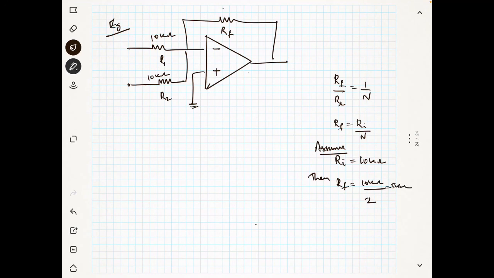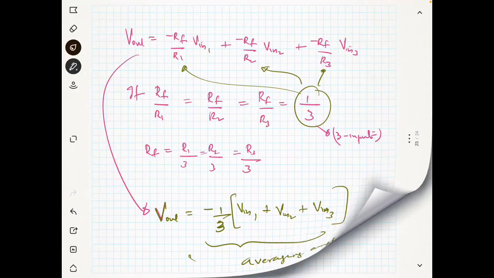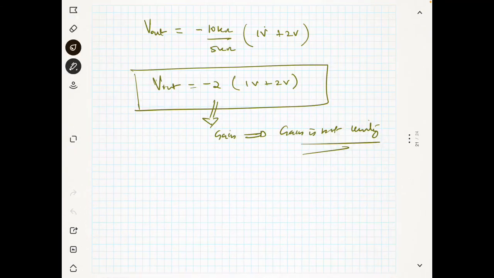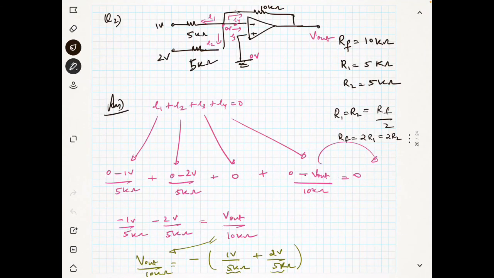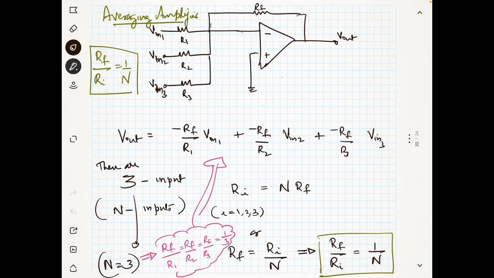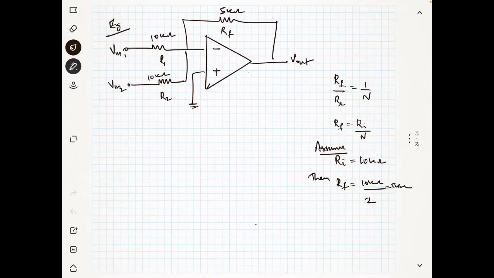I will choose this as 5 kilo ohm. So this is V in 1, this is V in 2, and this is my V out. You can compare with the previous problem that I solved, where I chose 5 and 5, and this is 10. Now I am choosing 10, 10 and 5. So that is the difference.